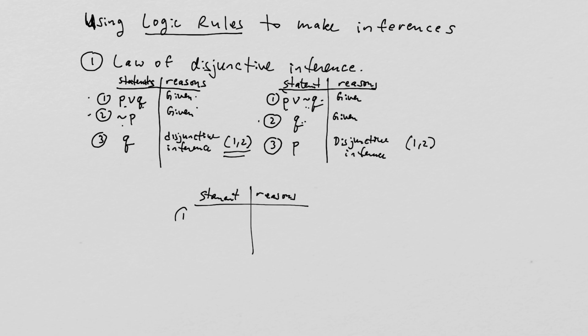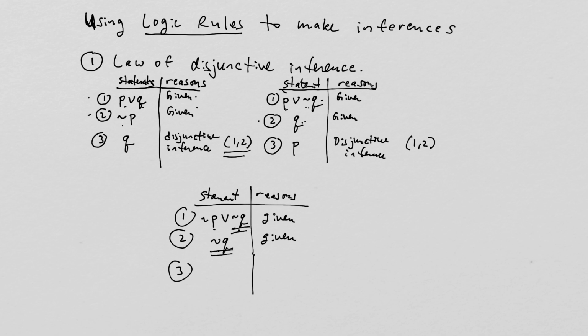So here we are given not P or not Q. That's given. And we are given not Q is true. And here, it looks a little bit like disjunctive inference because you have an or statement and something about one of the pieces. But the problem is, we're being told that Q is false, or that not Q is true.